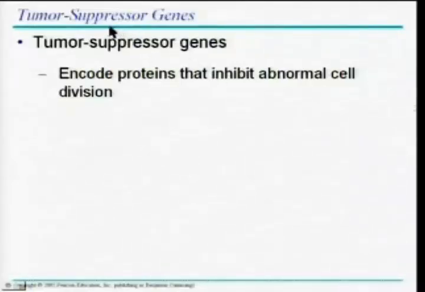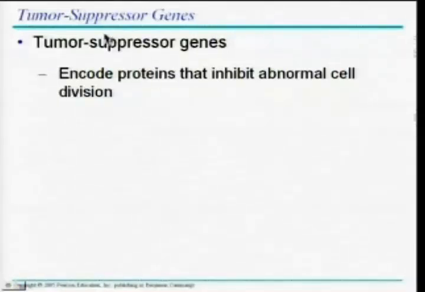Next, we can consider tumor suppressor genes that encode proteins that inhibit abnormal cell division. You can slow your car down by letting your foot off the gas pedal, or you can put the brake on, right? And you can convert proto-oncogenes to oncogenes and accelerate your car's growth rate, if you want to think of it that way, by pressing on the gas pedal, or you can take your foot off the brake.